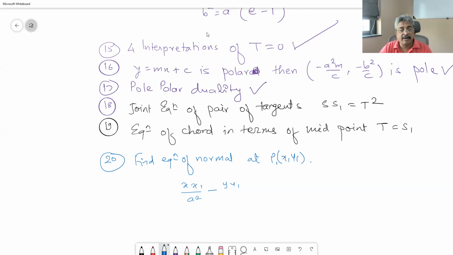Okay, for a change, let me derive the equation for the normal. x x1 upon a square minus y y1 upon b square is equal to 1.